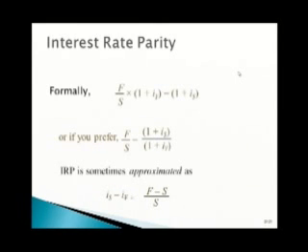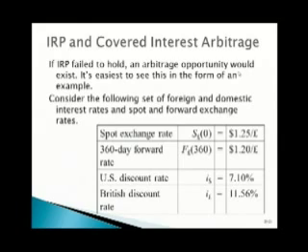And if we subtract 1 from both sides of that equation and do a little bit of assumption, namely that the product of the interest rate in the U.S. and the interest rate in Japan is essentially zero, we get interest rate parity sometimes approximated as the rate in dollars minus the rate in yen is equal to the forward minus the spot rate. In other words, the change in rates divided by the spot rate, or the percentage change in the spot rate.